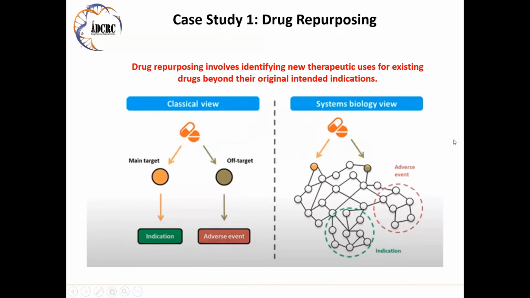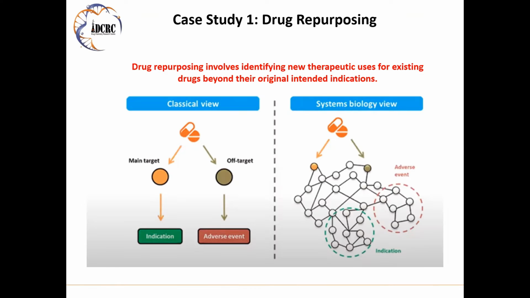We will learn how this is involved in drug repurposing. Drug repurposing involves identifying new therapeutic uses for existing drugs beyond their originally intended indications. In the classical view, we say that a particular drug exerts a particular action by acting on a particular target.